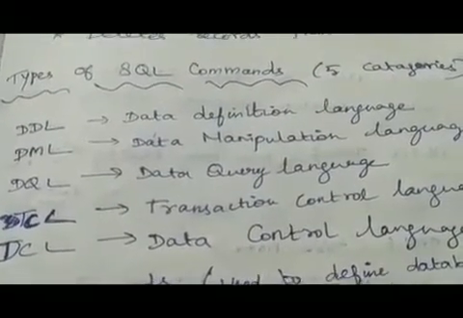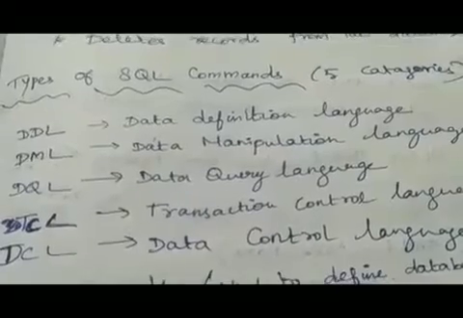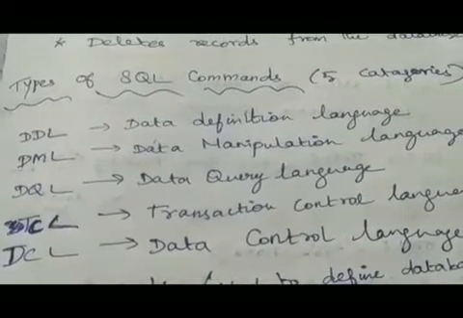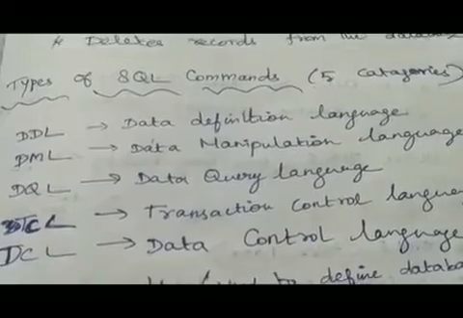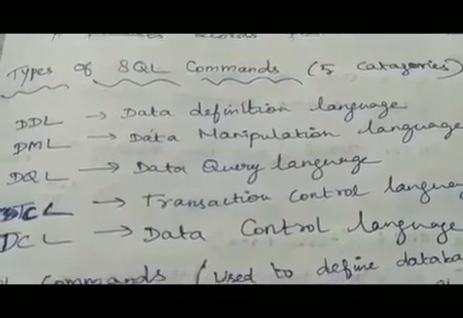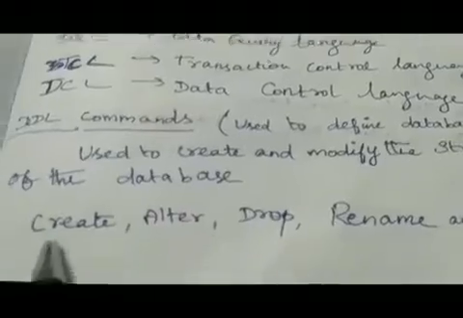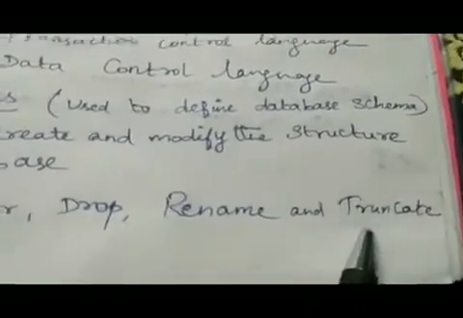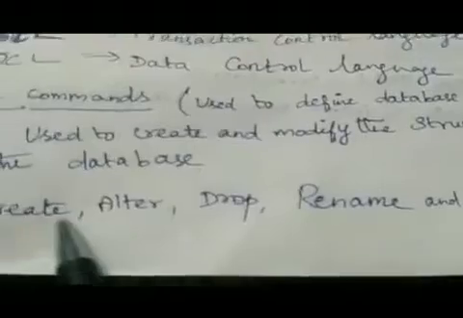The commands used to define the database structure are called DDL commands, or data definition language. And what are the commands? You can see here: create, alter, drop, rename, and truncate. We are going to see briefly about these commands.